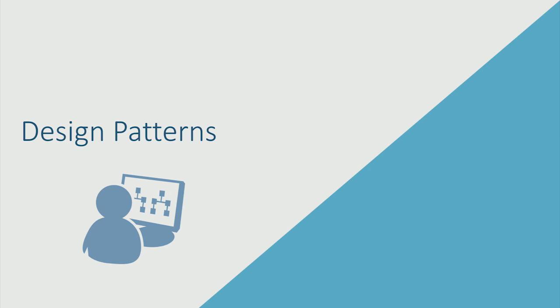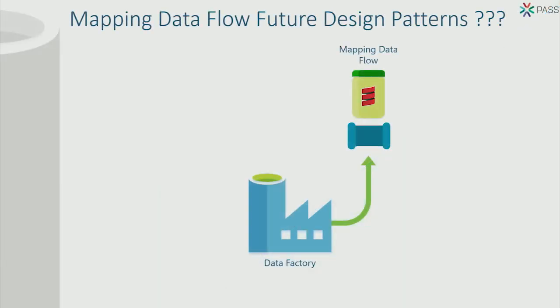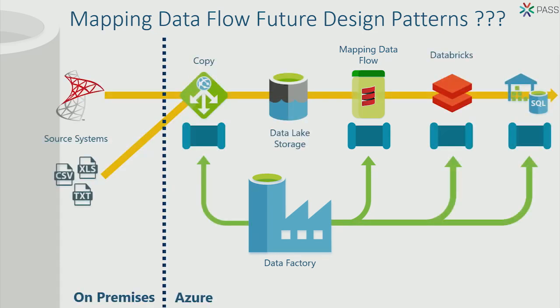How do we want to now use our mapping data flows? Well, if we have some process that we're extracting from our source systems, landing it in a data lake or whatever, we could, yes, say that maybe let's use our mapping data flows to build 80% of the hard work, and then maybe we have to do 20% of the other stuff with Databricks if we don't necessarily have those transforms there yet.